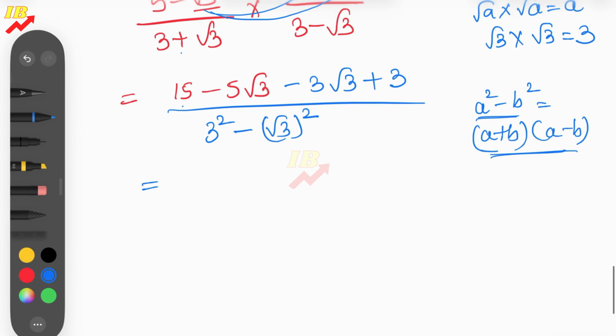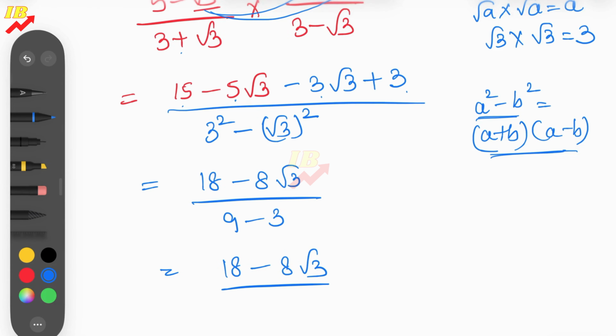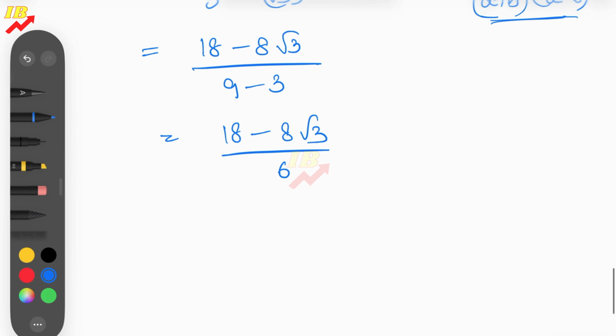Then 15 plus 3 is giving you 18, and minus 5 minus 3 is giving you minus 8 root 3. And in the denominator, you're getting 9 minus 3. So that is giving you 18 minus 8 root 3 over 6, right? Now you can separately write it, because they asked us to write in a plus b root 3 form. So I'm going to separate this out like this, and always do this.